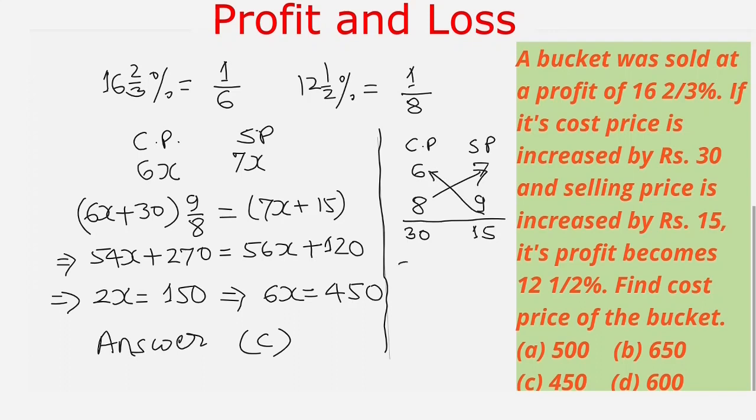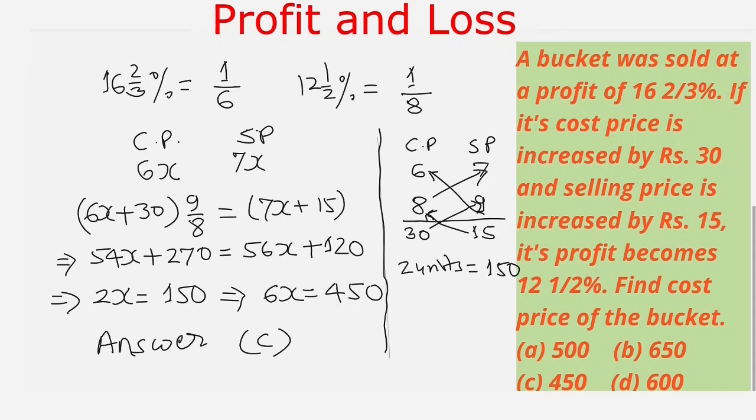That is 2 units equal to 9 times 30 is 270 minus 15 times 8 is 120. 270 minus 120 is 150.